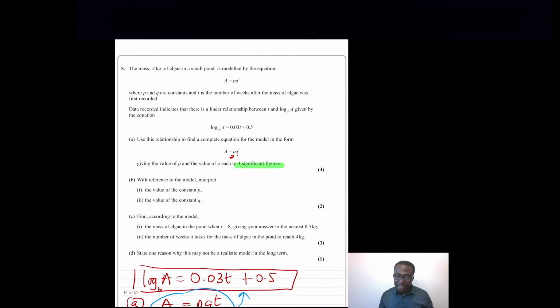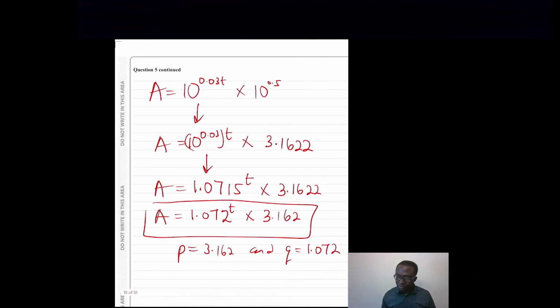The second says, with reference to the model, interpret the value of the constant P. So P is this bit here. Okay, so this bit here is actually when there's no time.